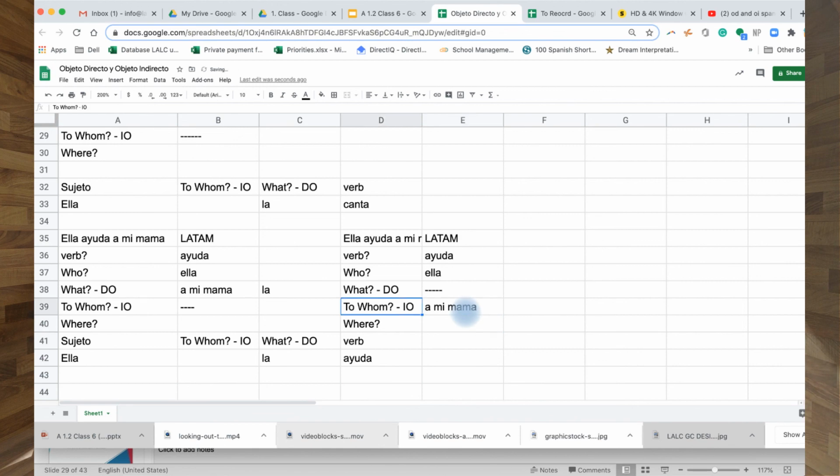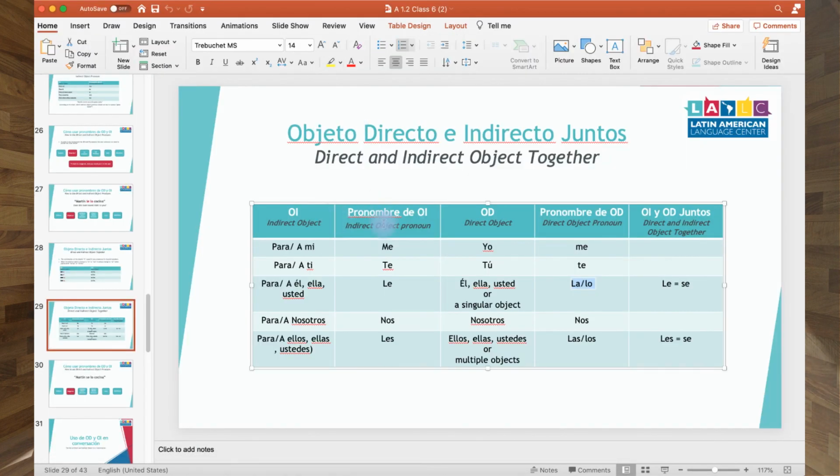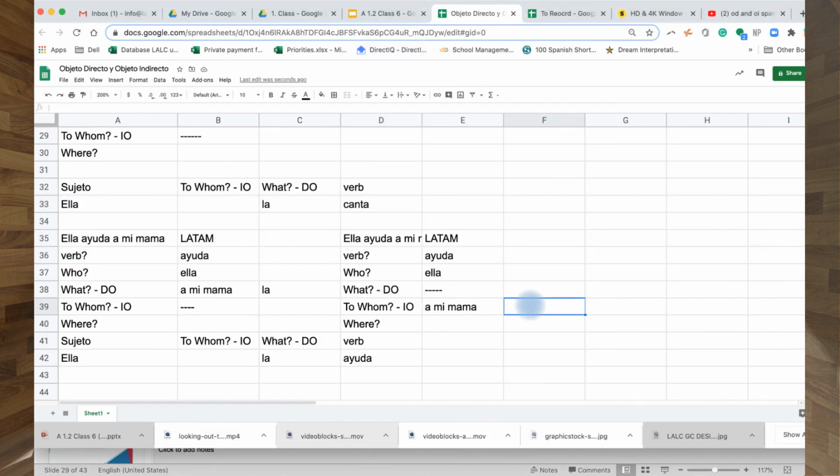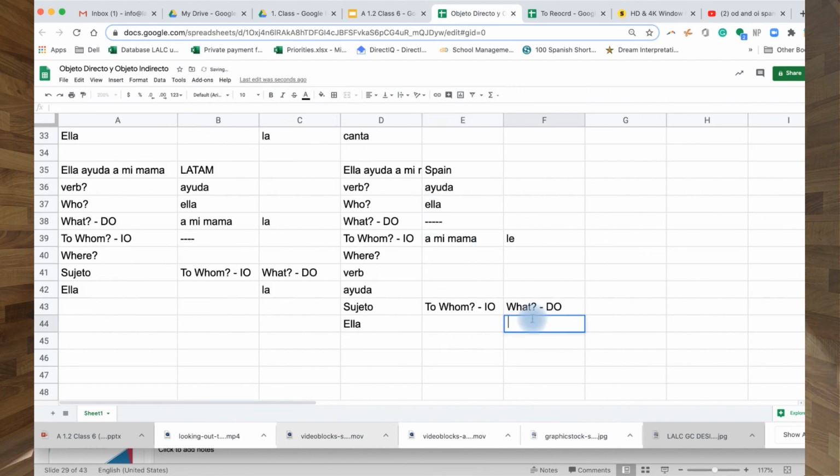So they take it as a person, to whom. And then they go to the column of indirect object. A ella will be le, okay? So that was Latam, but when we replace it the Spaniard way, there's no direct object and it's le. So ella le ayuda.